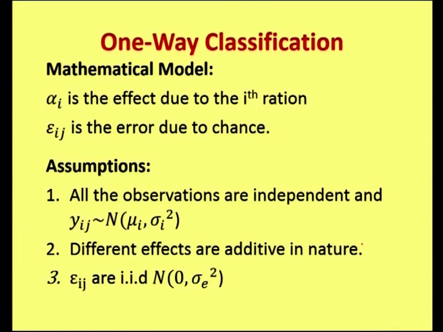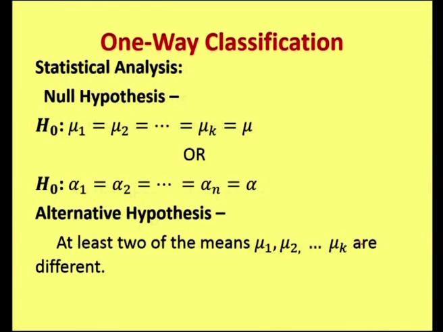Also, epsilon ij's are IID normal, that is, identically independently distributed as normal with mean 0 and variance sigma E squared. And here we have the statistical analysis. To perform the analysis, first we frame the null hypothesis.